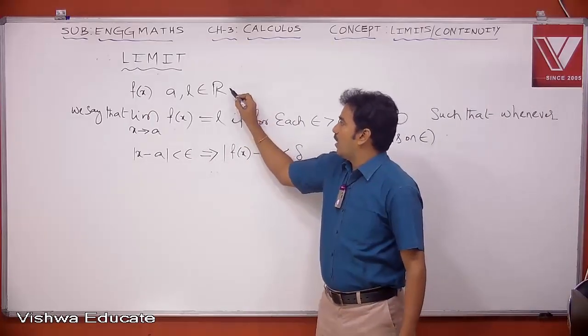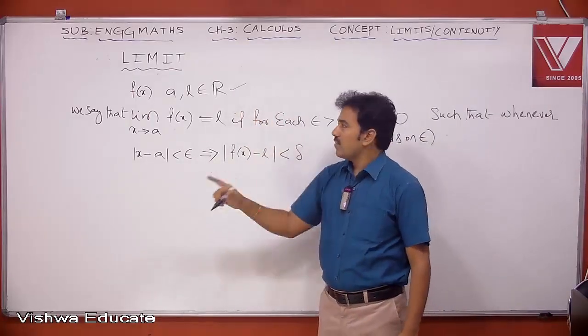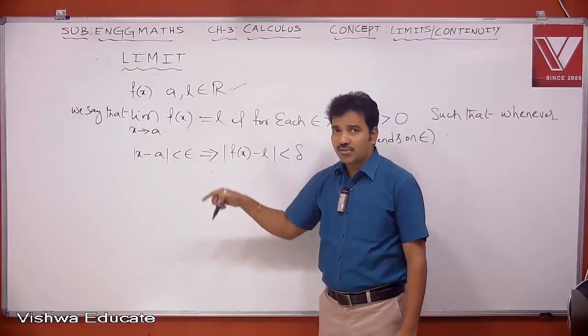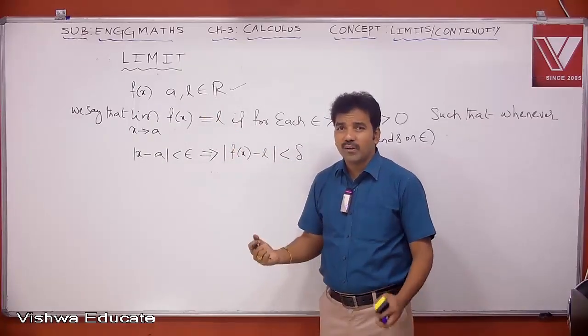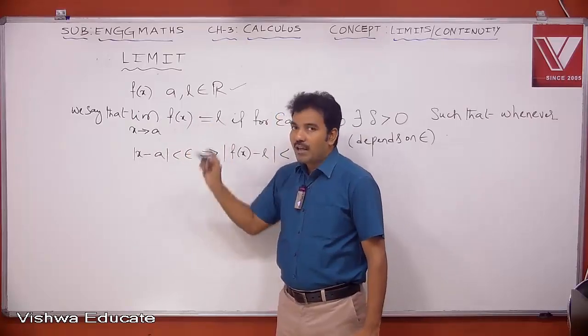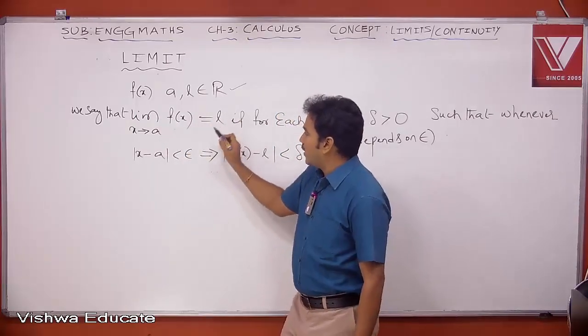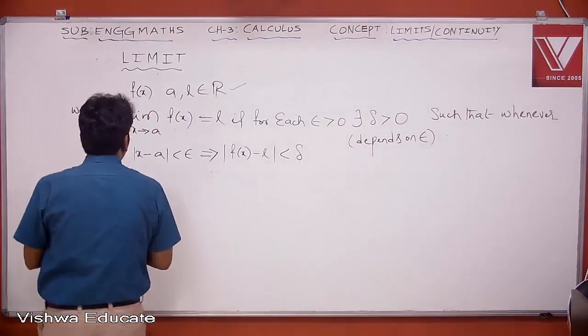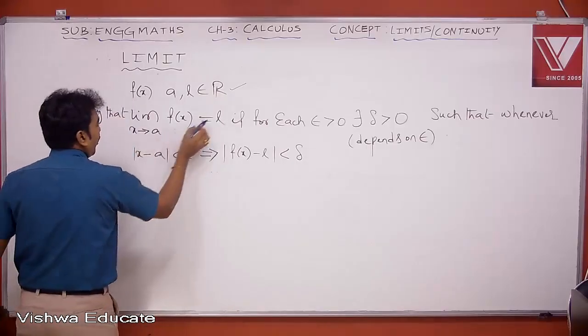Let us recall this. We have a function f of x. a and L are two real numbers. They can be negative, positive, whatever it is. So we say that limit x tends to a of f of x equal to L. Actually, what is my intention? I need to calculate the limit of the function f of x at the point a.